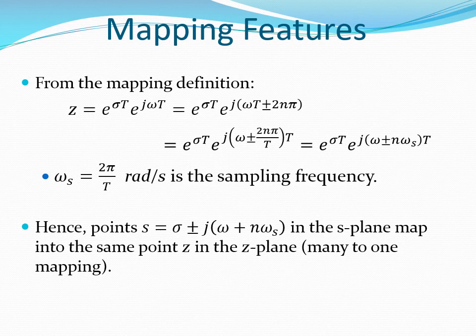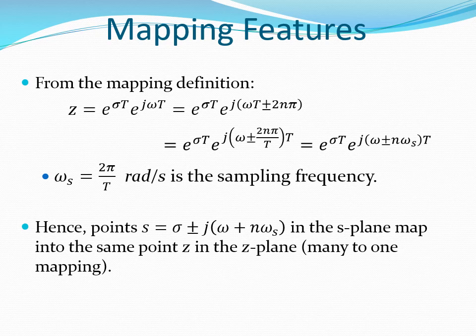We will notice that we can add multiples of 2 pi to the imaginary exponent without changing the value of Z. Now, different multiples will correspond to different points in the S-plane. Therefore, a single point in the Z-plane will correspond to many points in the S-plane.